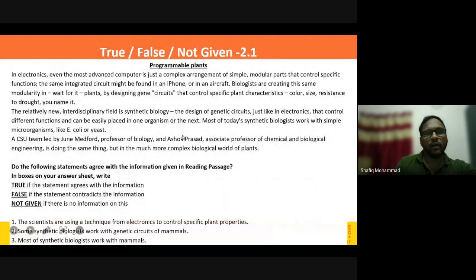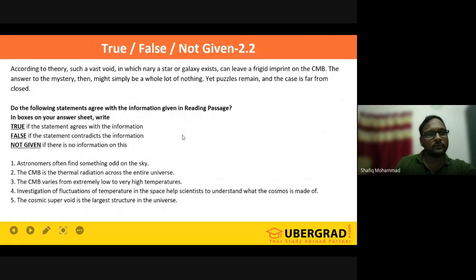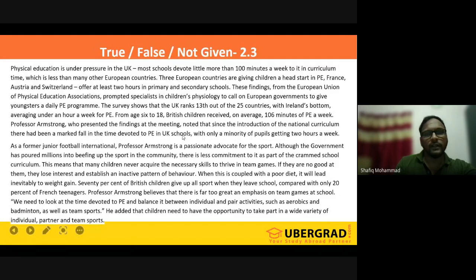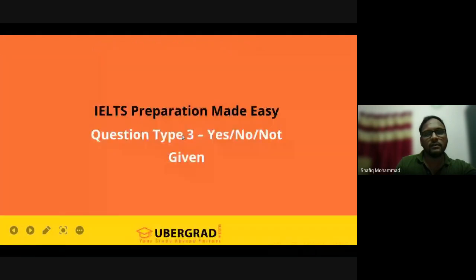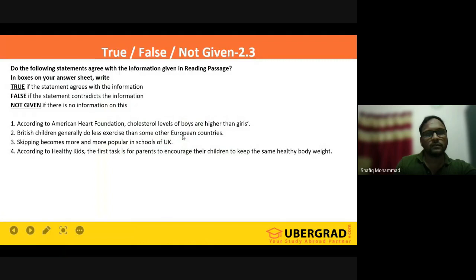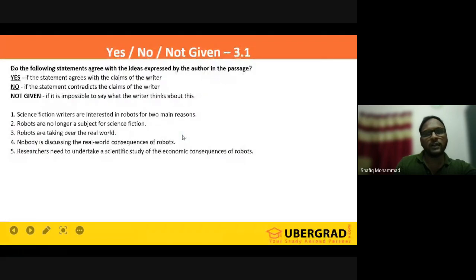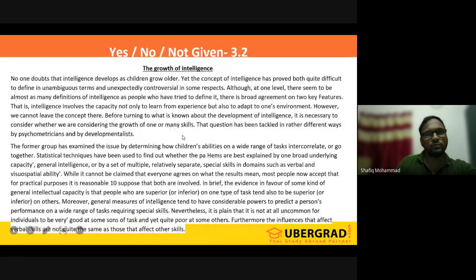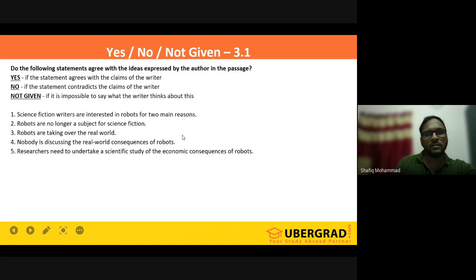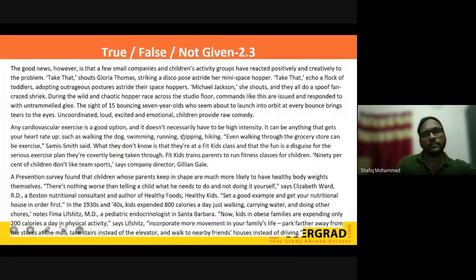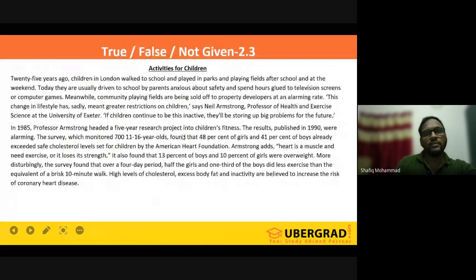And also from yes, no, not given, 3.2, growth of intelligence. So growth of intelligence and activities of children. So 2.3 and 3.1 will be your homework. Okay. So that's all for today. Anything else? Do you have any other questions, guys?